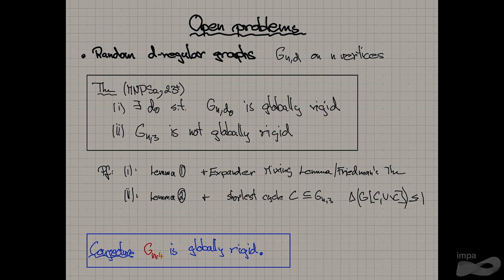Okay, so some open problems. Do I have a bit? I started late. I need 3 minutes, really 3. I'm not cheating. So the first is a nice question, I think, about the random d-regular graph. So what do we know? What we can show is that there exists some constant d0 such that the random d0-regular graph is globally rigid.